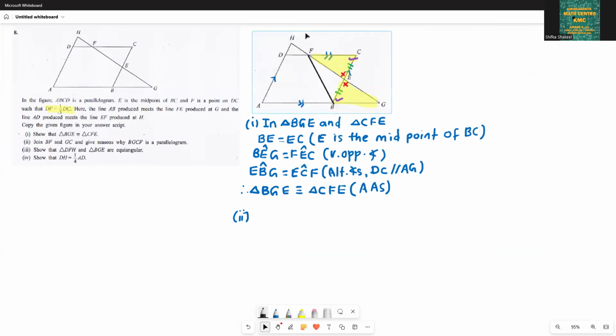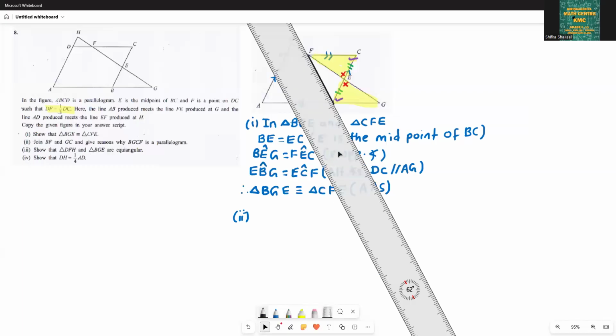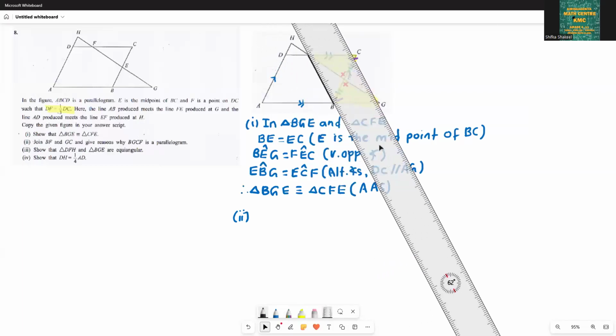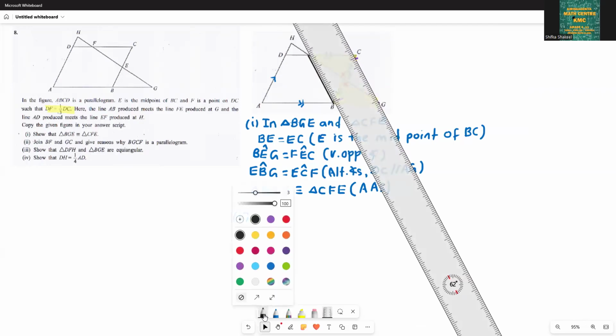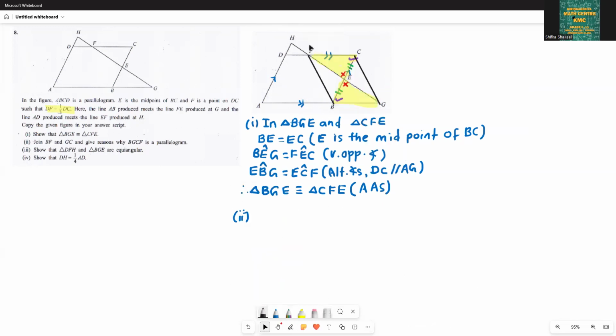Done. And they're asking you to join GC also. We will join GC also. Okay, done. Children, they're asking you to join two lines, BF and GC. We have joined that.